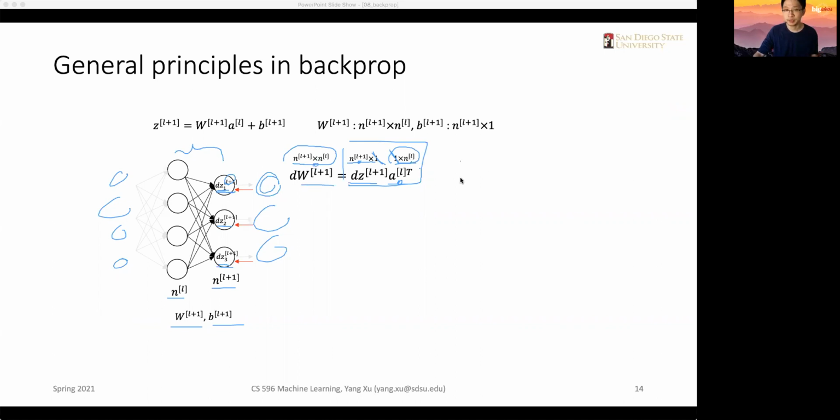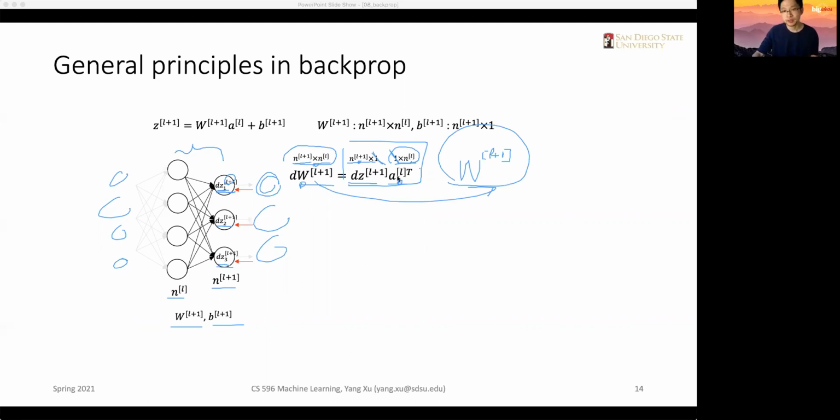Remember, when we define the network, we define the weight matrix for layer L plus 1 as NL plus 1 by NL. So the dimensions of the gradients match the dimension of the weight matrix, and this is a requirement that we must satisfy.